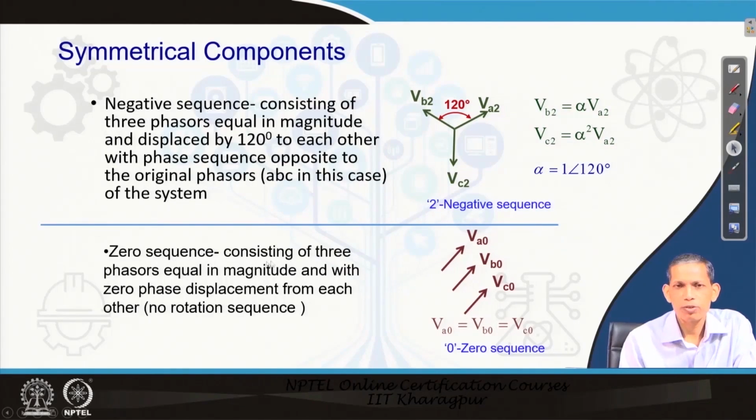It consists of three equal phasors, equal in magnitude, with zero phase displacement, that is, no rotational sequence. That implies zero sequence, and here we see VA0 equals VB0 equals VC0.